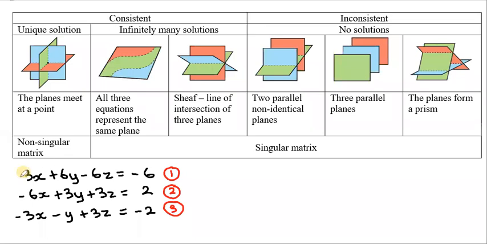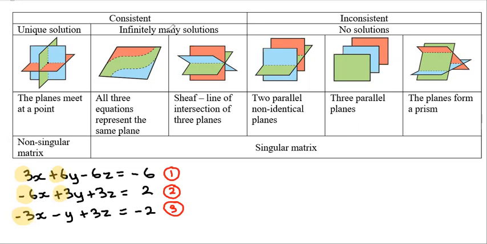Looking at the coefficient here, if I can compare those, it looks like we've got a multiplication factor of -2, but you can also see that this doesn't hold when we look at the coefficients of y. So these lines are not parallel. Similarly, I've got -3 there.